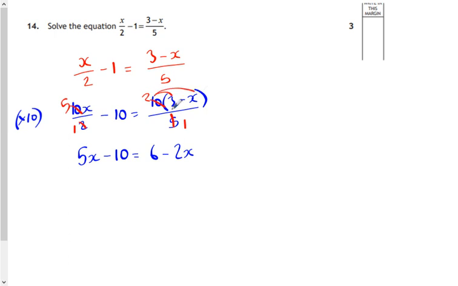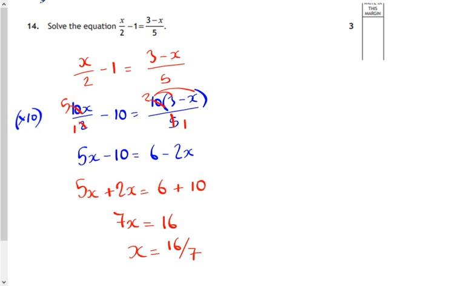Break those brackets, 2 times 3 is 6, 2 times x is 2x. Hopefully that's sorted out how we get there for you. All right, so now gather our terms. We've got 5x plus 2x is equal to 6 plus 10. So 7x is equal to 16, giving us then that x is equal to 16 over 7.